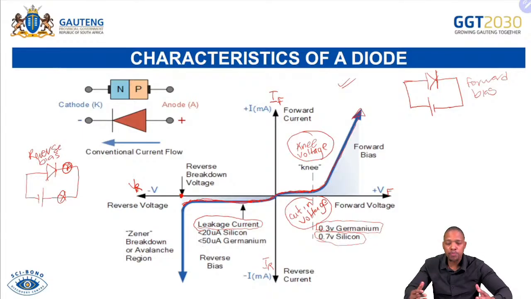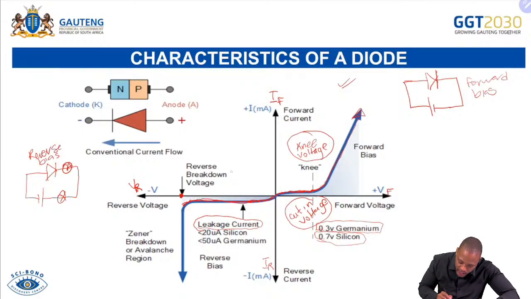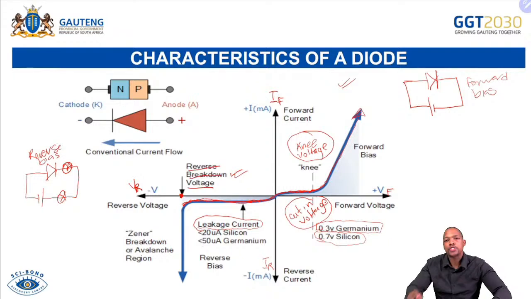You have exposed this diode to a large amount of voltage, and the diode breaks down. It reaches what we call the reverse breakdown voltage. Characteristics of a diode: we have knee voltage, the minimum voltage needed for the diode to conduct in forward bias. In reverse bias, we have reverse breakdown voltage. This is the maximum voltage.